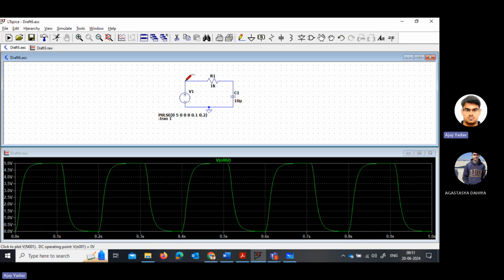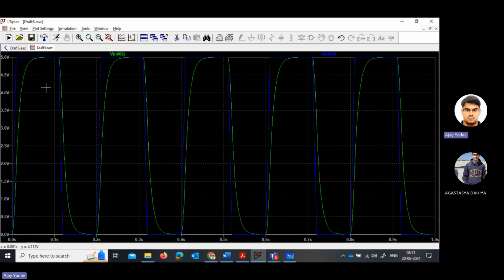Now your input signal is from here. So this is your input signal. If you zoom this, you can see here also that, now you can check by yourself what is 63.2% of 5 volt. It will be 3.15.